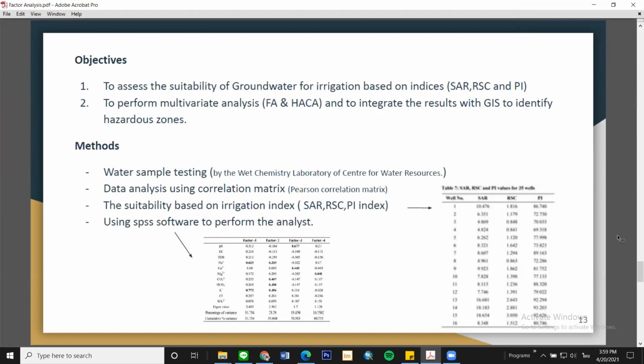In confirmatory, the hypothesized model comes from our theory and what we want to confirm.